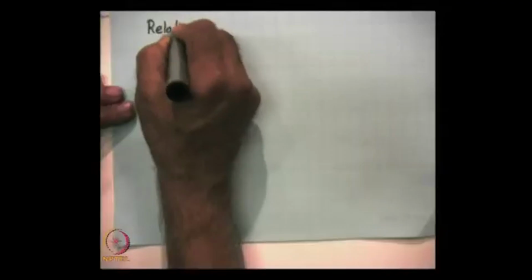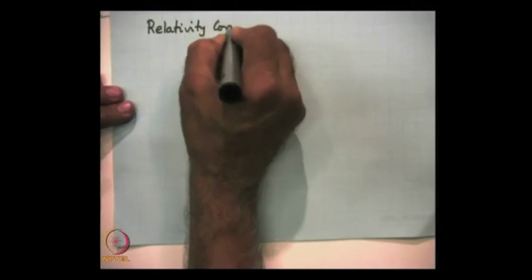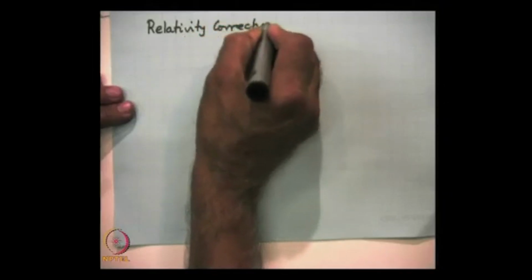Now we will just introduce what is known as the relativistic correction, and then we will conclude today's lecture, and then we will solve for the fine structure of the hydrogen atom in my next lecture. So, as you know, we will discuss the corrections due to relativistic effects.